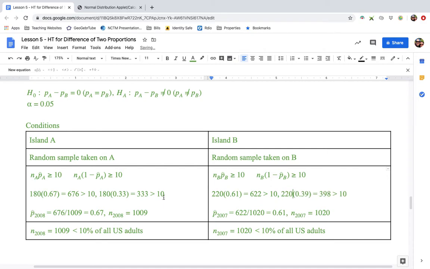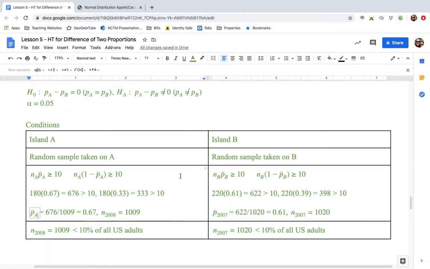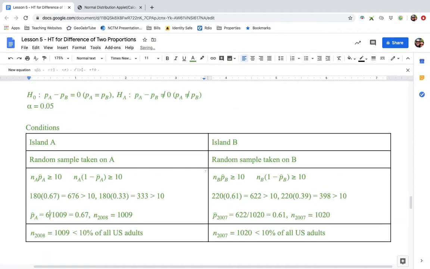Okay, let's calculate the sample proportion. The sample proportion for island A was 12 out of 180, which is 0.067, and we know the sample size here was already 180.